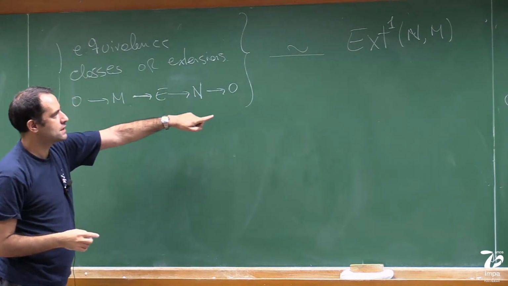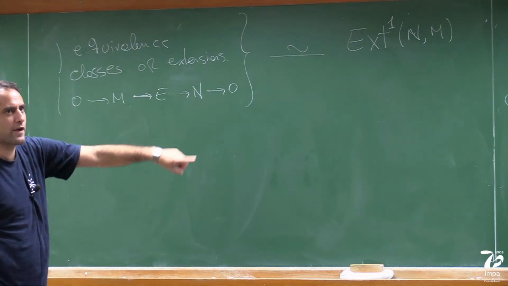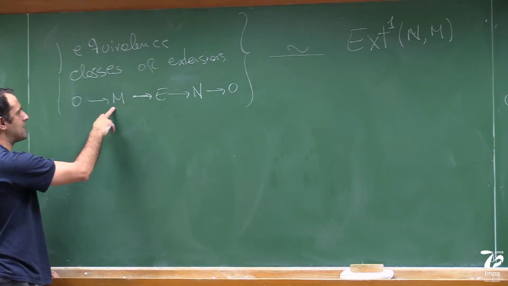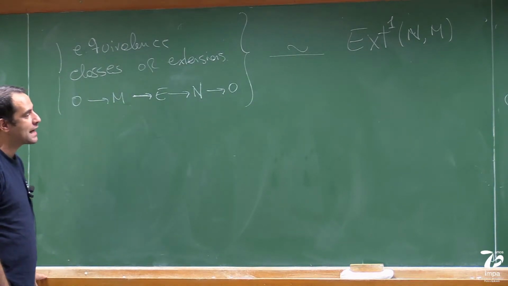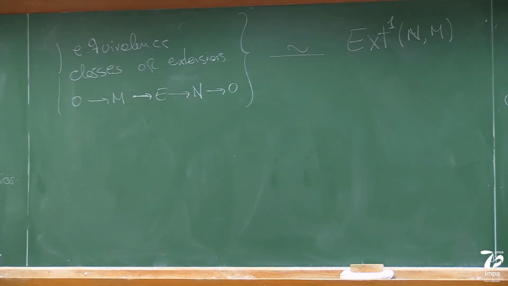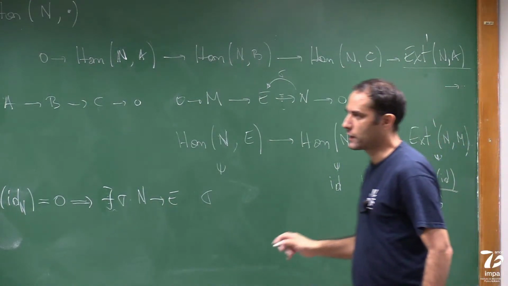The map from here to here, I've already told you one way of getting it. There's a more functorial construction, which is by taking a projective resolution of this n. So if I want to construct this Ext^1 of n, m, how do I construct that guy?